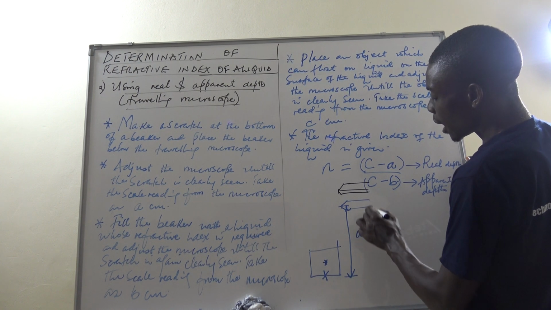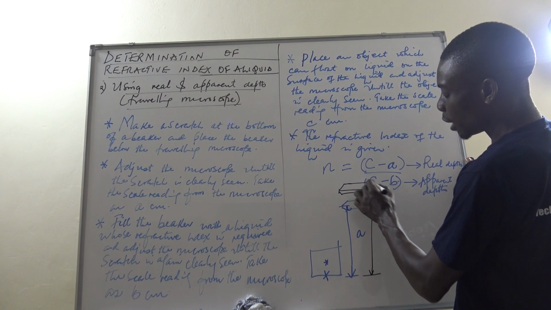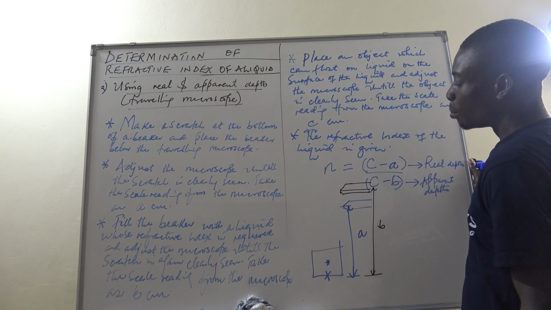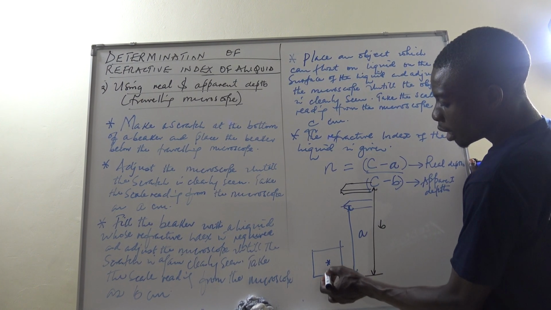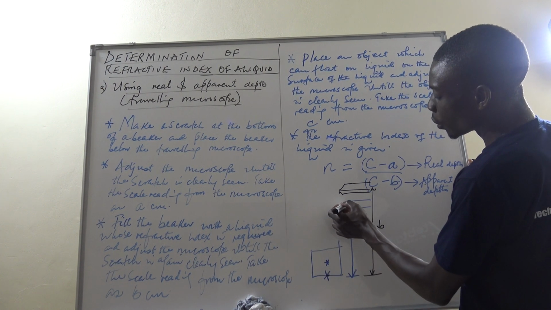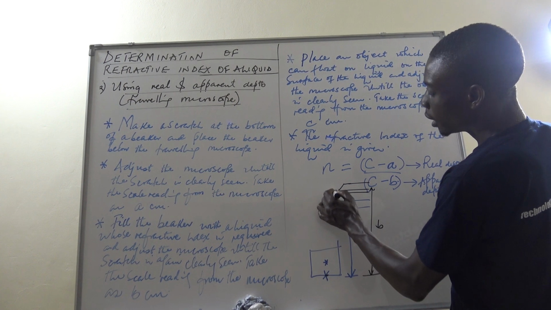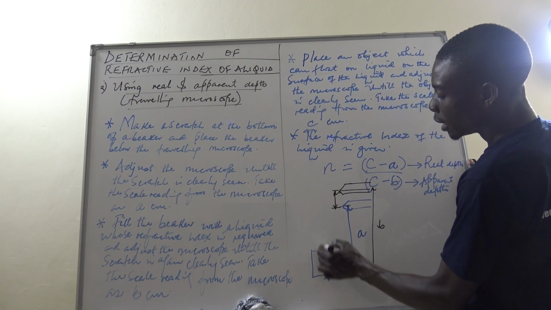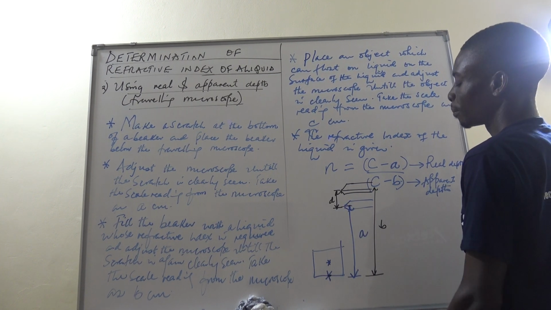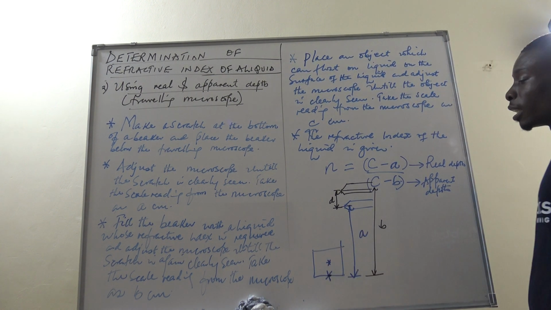And now the height of the microscope as it's standing from the ground will now be B. So if the mark was here and it comes here, it is equivalent to raising this here. That is our displacement.